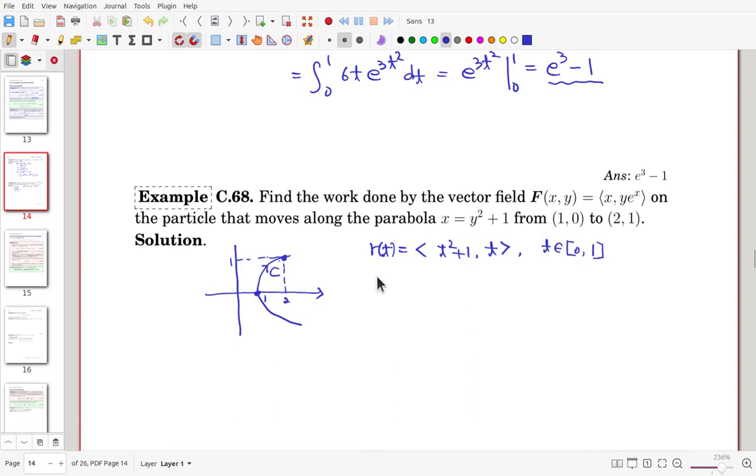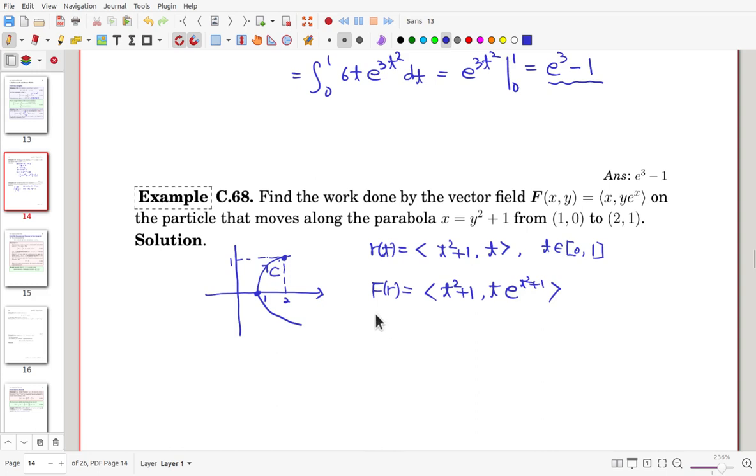From here, we can get f of r. That is, we have to express this vector field as a function of t. Okay, x is t squared plus 1. Now, y is t, e to the t squared plus 1. So that is the vector field as a function of t.